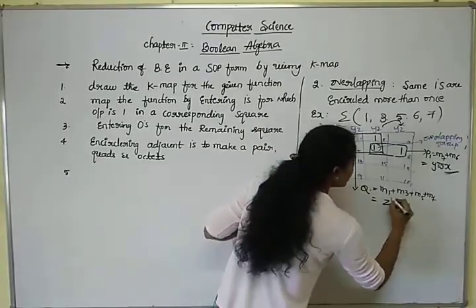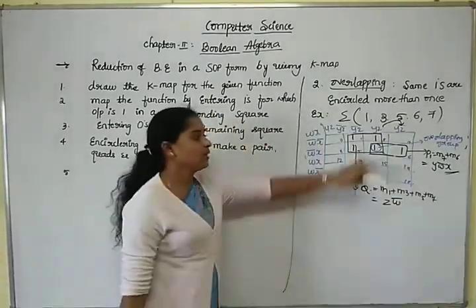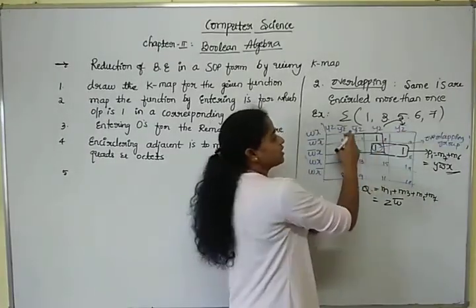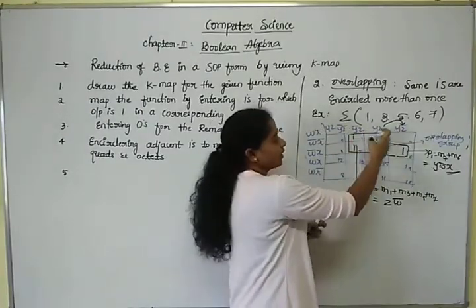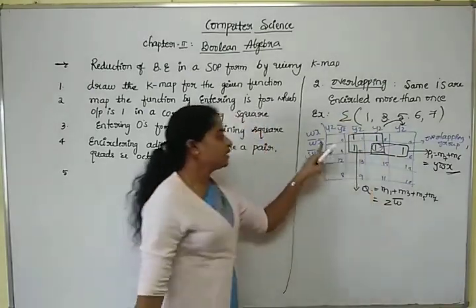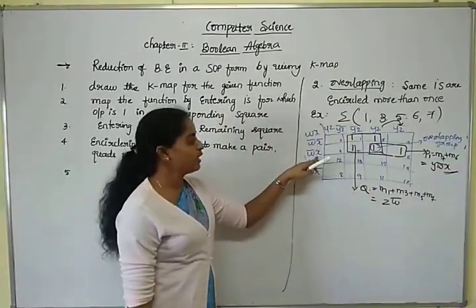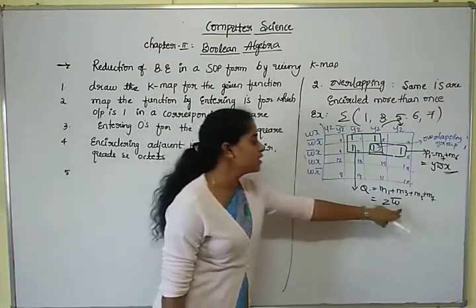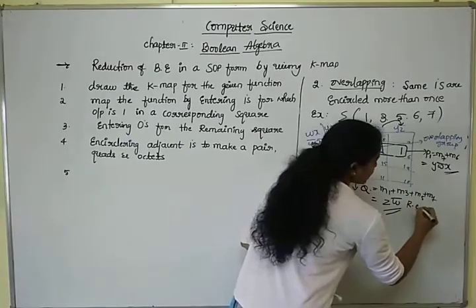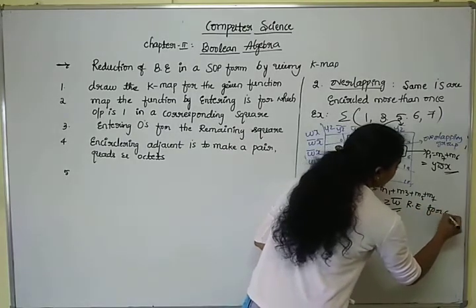The remaining thing is only W bar. In the given quad, while moving horizontally, Y changes its state, so it is removed. The remaining thing is Z. When moving vertically, X changes its state, so it is removed. The remaining thing is W. So this is the reduced expression for the given quad.